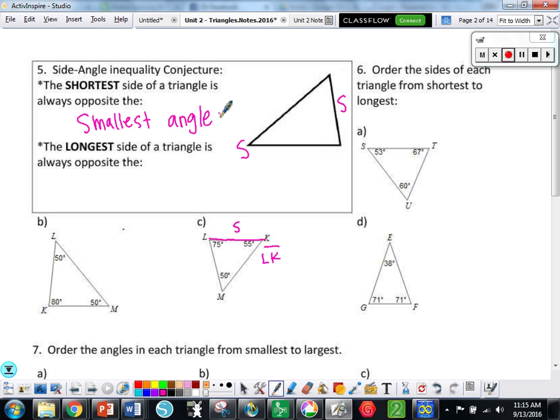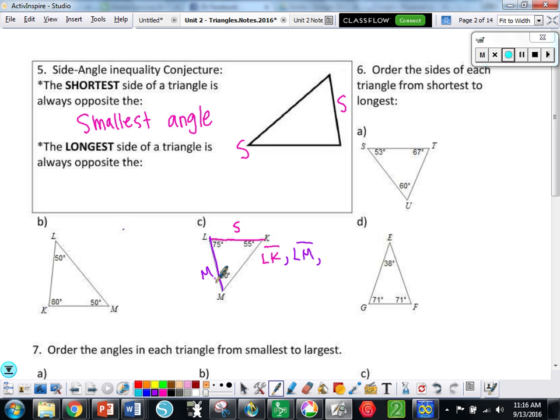Which means the middle side is opposite the middle angle. Going back to this part C, which of these angles is kind of your middle length? Okay, so K is your middle. Going across, LM would be your middle.